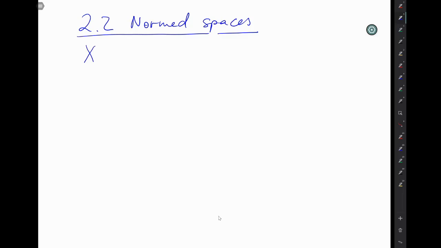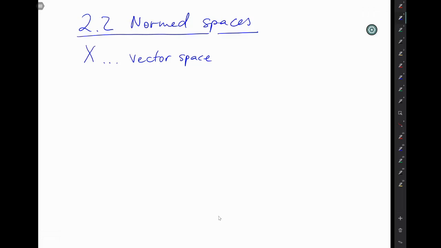Now X has to be something with much more structure. Now X has to be a vector space. Do you remember what a vector space is? This should be linear algebra 2, second semester in your bachelor degree.